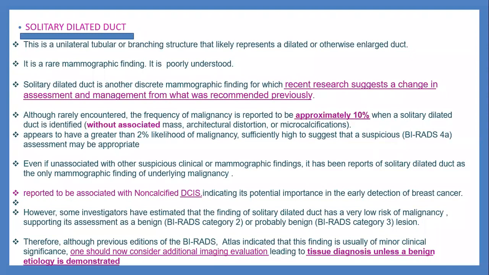Therefore, you see, although the previous edition of the BI-RADS Atlas indicated that this lesion is usually of minor clinical significance, one should now, in the current edition, consider additional imaging evaluations leading to tissue diagnosis unless a benign etiology is demonstrated.